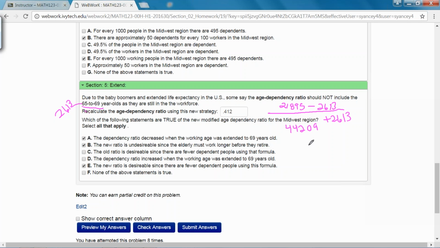So our new ratio is 19,282 over 46,822, and it divides out to 0.412. Okay? Does that help with 19?